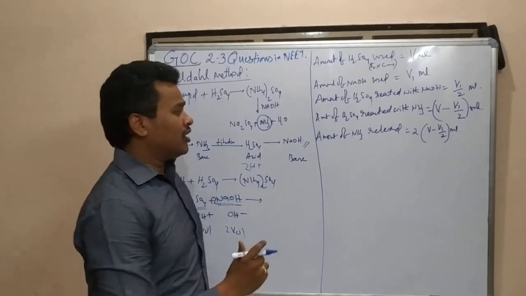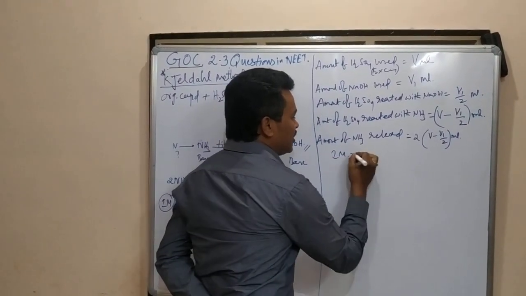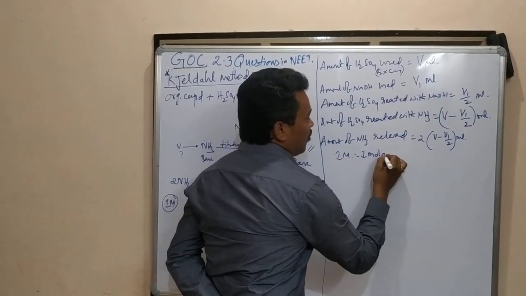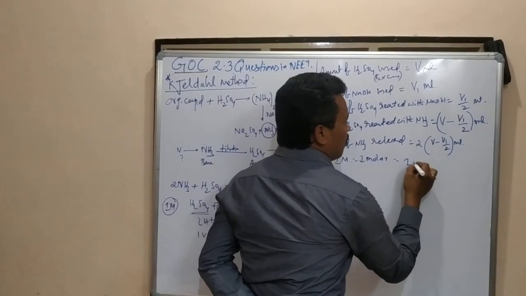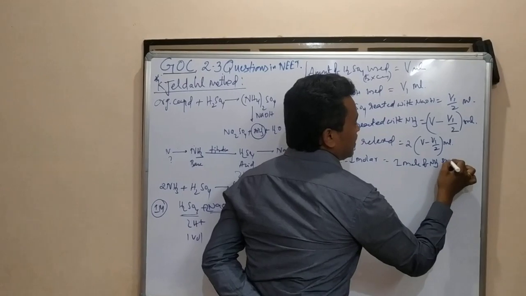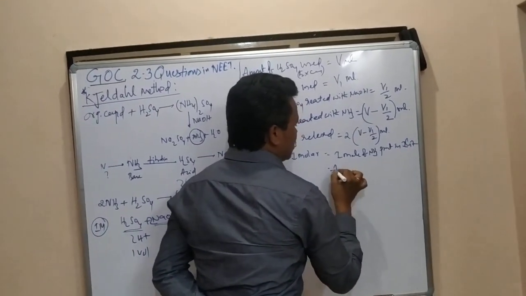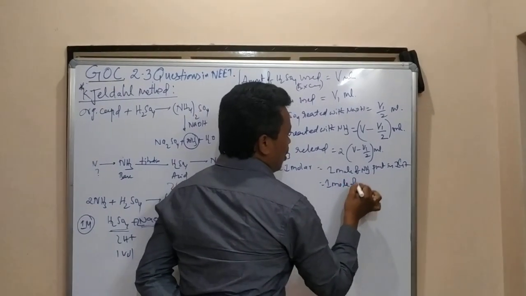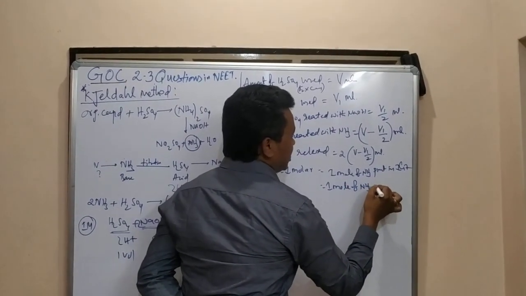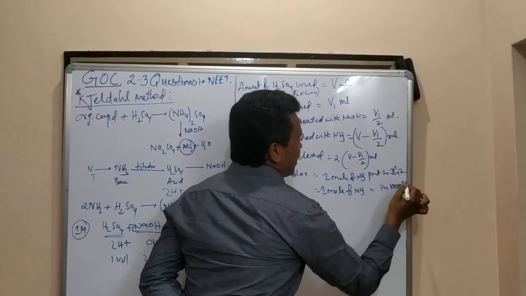What we know, we are talking about in this process only 1 molar. What is the meaning of 1 molar? 1 molar means 1 mole of NH3 present in 1 liter, that means 1 mole of NH3 present in 1000 ml.